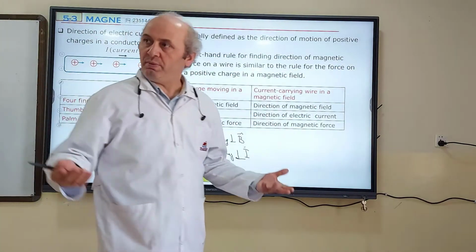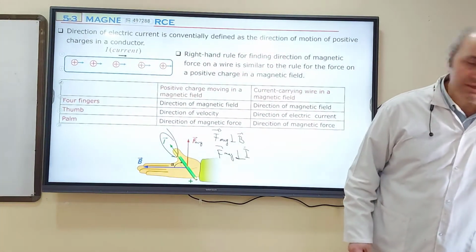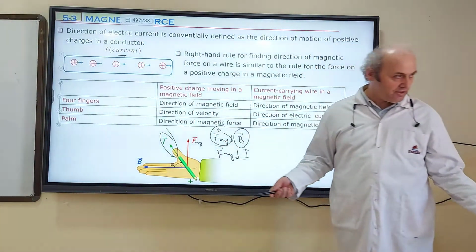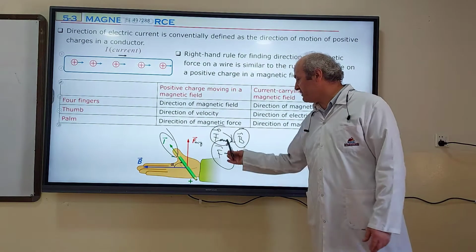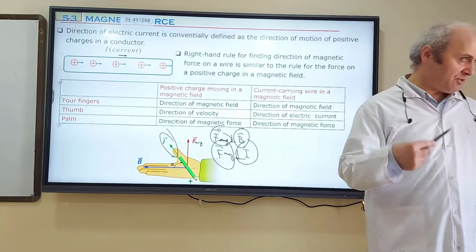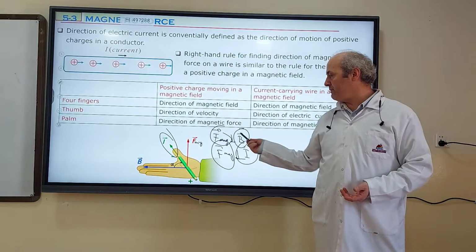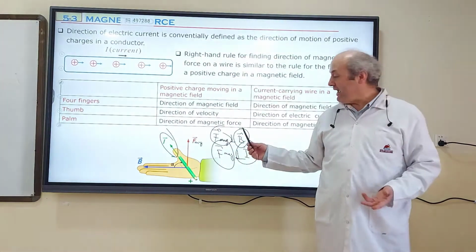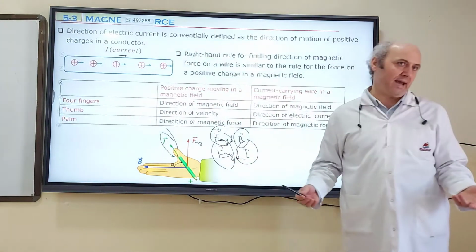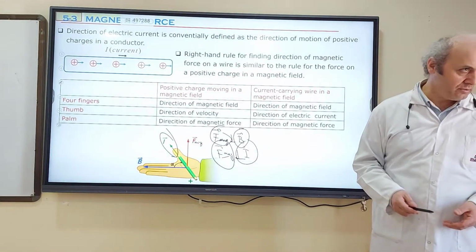These two still possible. Angle between them is always 90 degrees. Yeah, the angle between magnetic force and magnetic field is 90 degrees. Angle between magnetic force and electric current is again 90 degrees. Just like the previous title. In the previous title, in the charge, angle between force and magnetic field was 90. But angle between magnetic force and velocity was 90 again. Well, instead of velocity, we put electric current direction. Okay?